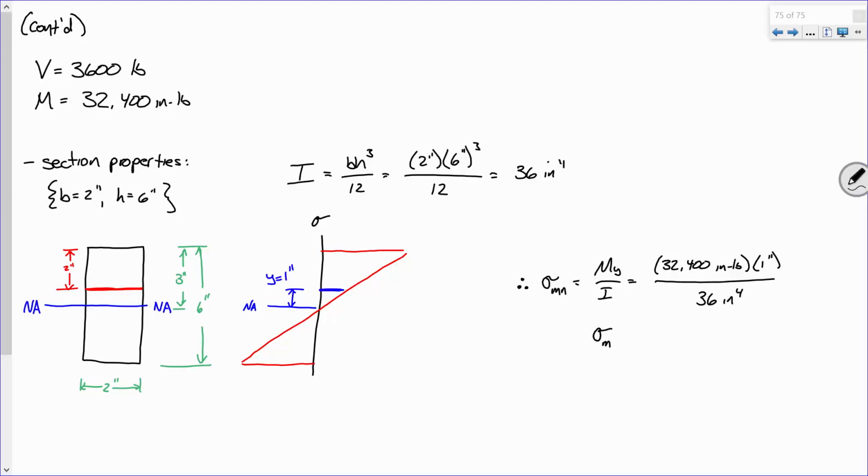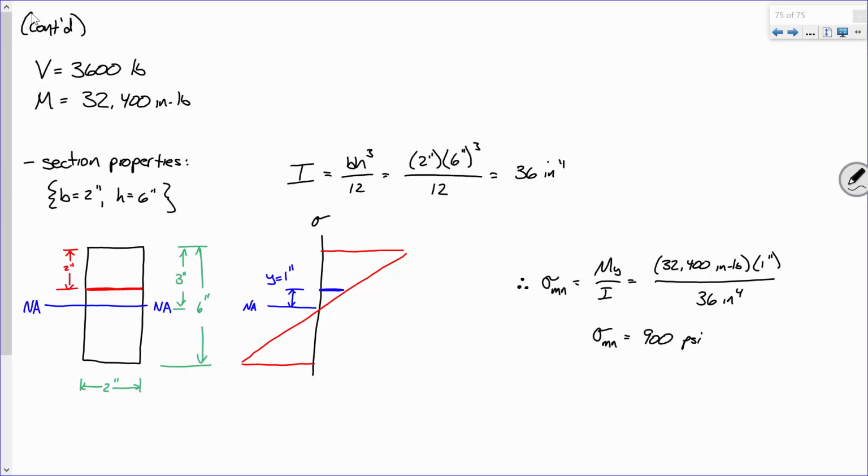So what does that equal? 900 what? 900 psi. Any questions?